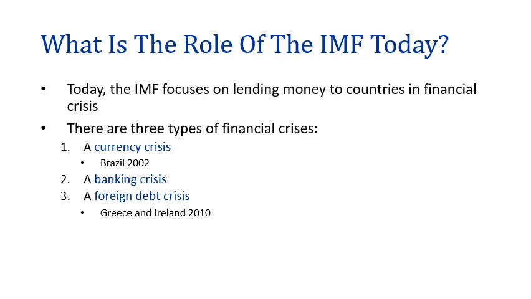An IMF standby arrangement helped restore confidence and stabilize the economy of Brazil. Low inflation, narrowing income disparities, and reduced poverty are among the many achievements of Brazil in recent times.